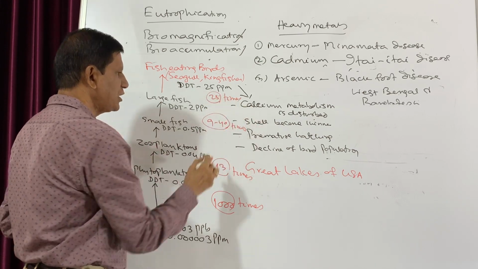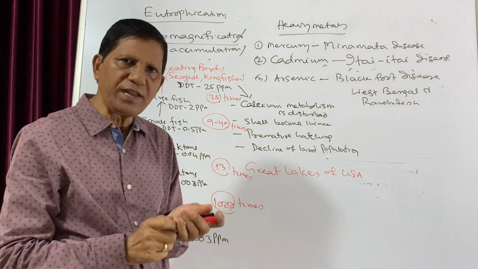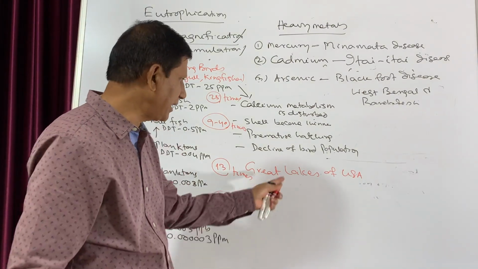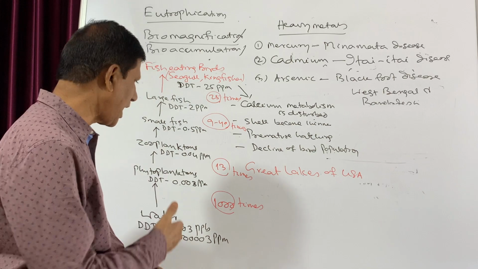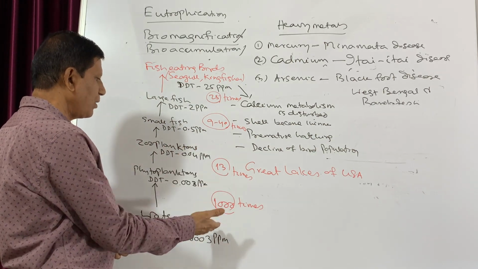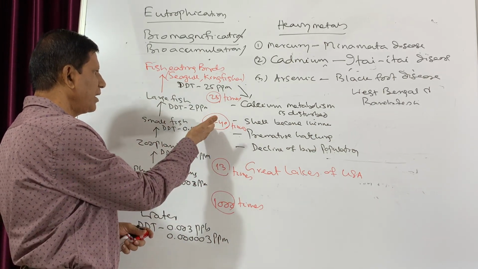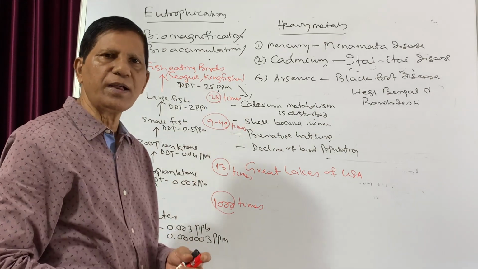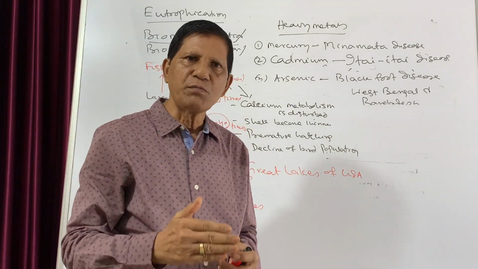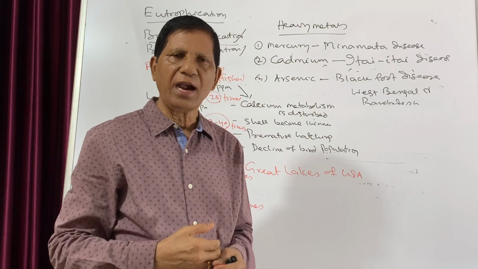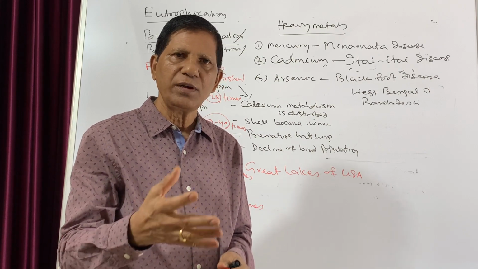That means through this experiment of spraying DDT on the Great Lakes in USA, it was found how it is magnifying 1000 times, 13 times, then 9 to 40 times and 25 times. This is known as biomagnification, and ultimately it leads to health hazards.